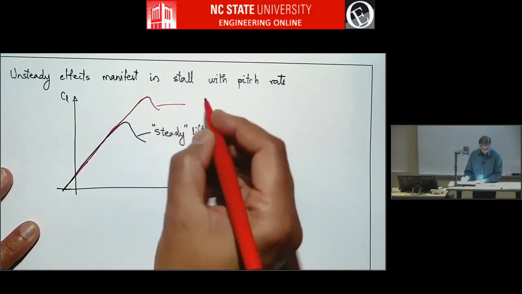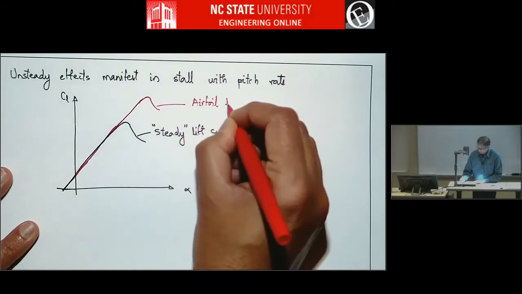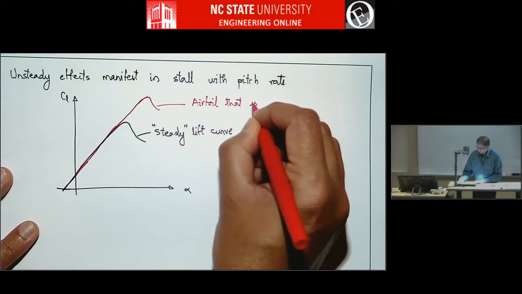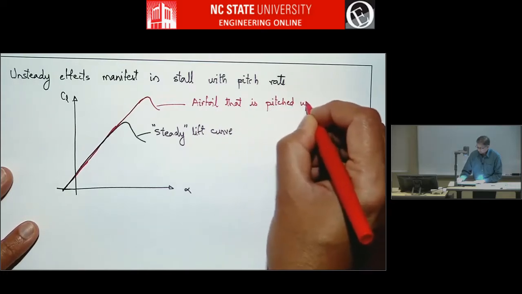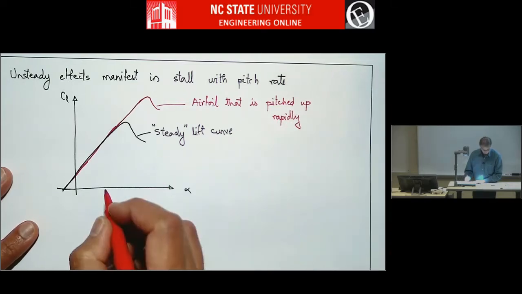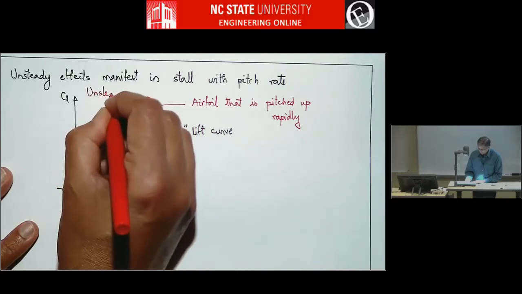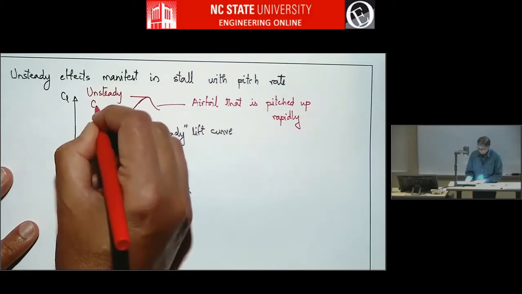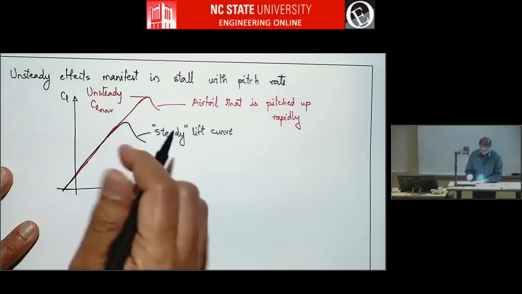So this is an airfoil that's pitched up rapidly, and this is the unsteady CL max, whereas this is the steady CL max.